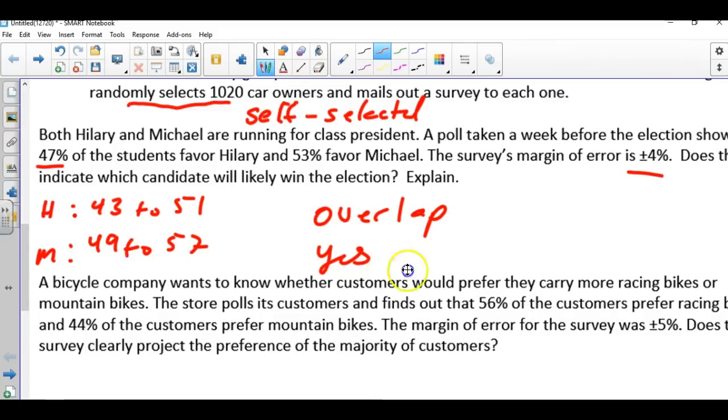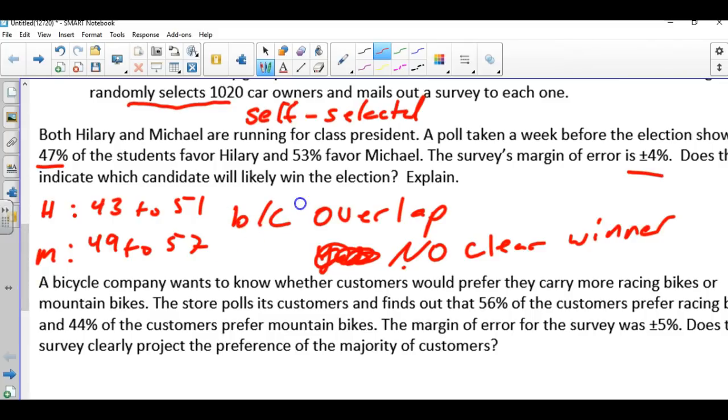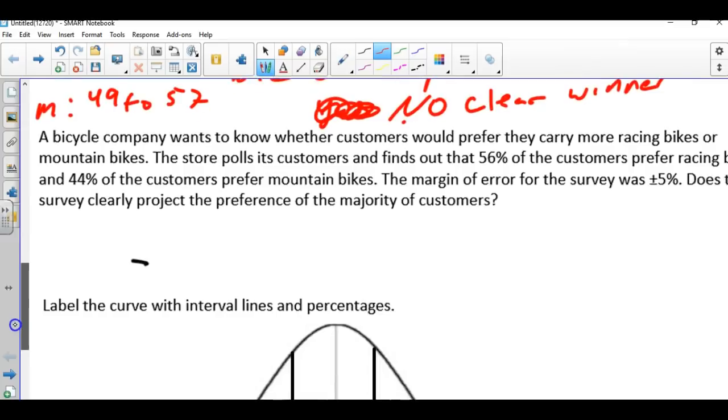There's overlap, so because there's overlap, there's no clear winner. Because of overlap, there's no clear winner. You have to talk about overlap. Either there is overlap or there isn't.